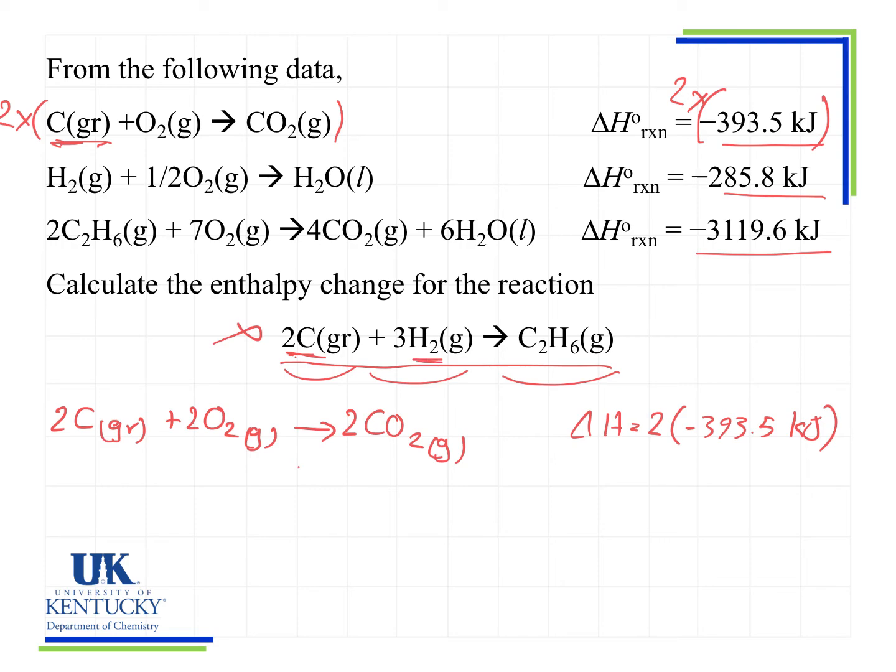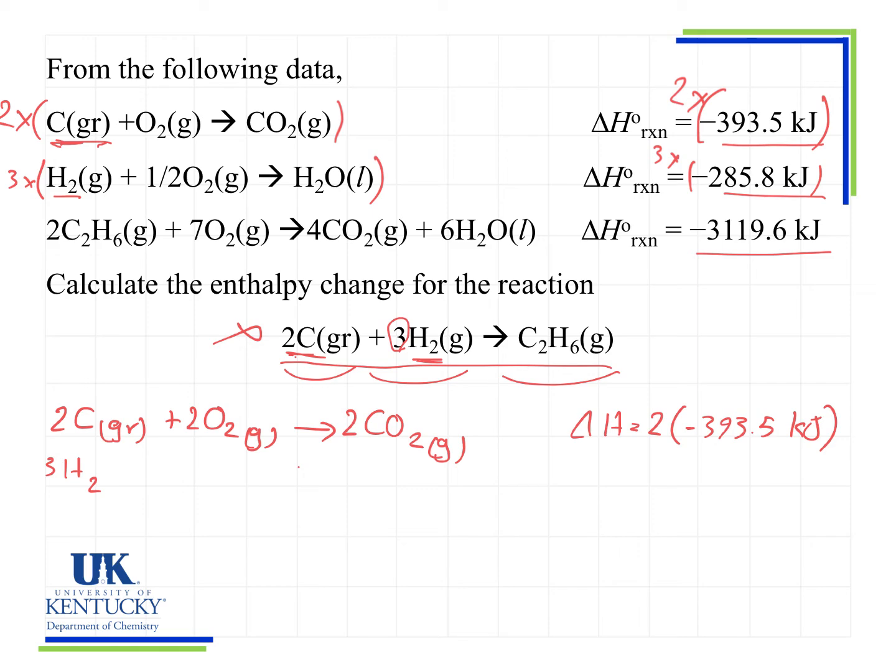Okay. The second compound in the reaction is H2. And where do I find H2 in the top 3 reactions? The second one, I have H2, but I need 3 moles of H2. Here I have 1 mole. So what I need to do is multiply it by 3, and that goes to the delta H as well. So you multiply delta H by 3. So I rewrite this equation here. 3H2, and this was in the reactant side, and H2 in reaction 2 is also in the reactant side, so there is no need to flip it.